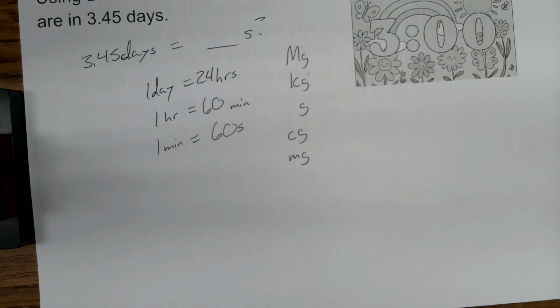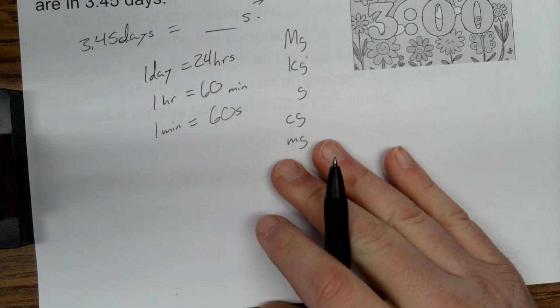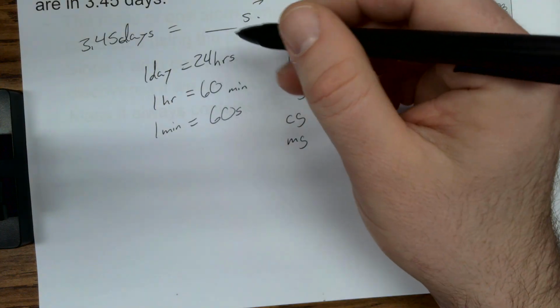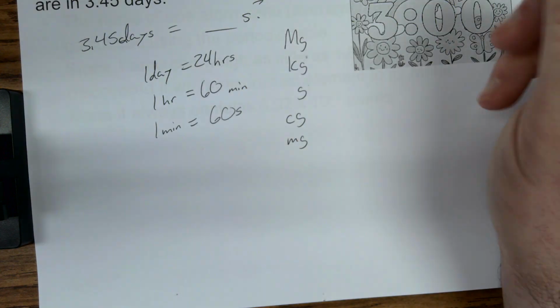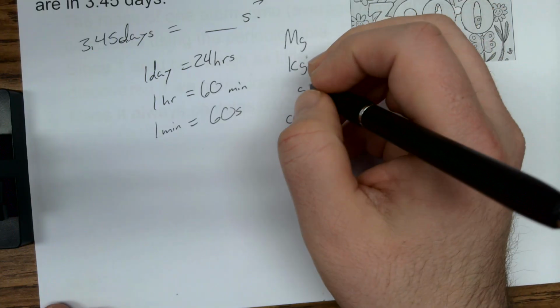I will be able to calculate the amount of grams from the periodic table for my elements and compounds. But these ones you use on a daily basis. We live our lives through days broken up in 24 hours, and hours broken up in 60 minutes. 1 minute's broken up in 60 seconds.